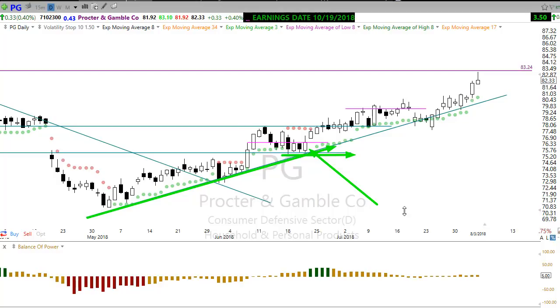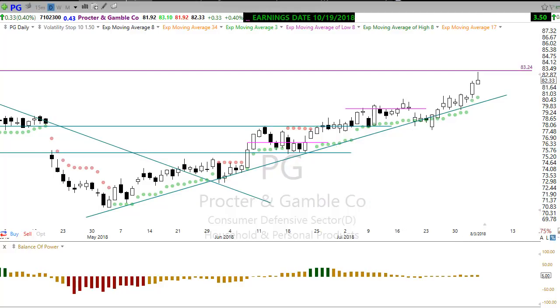Now, if you want to have a higher win-loss ratio, you really want to just hone in on getting a higher win-loss ratio, volatility stop can help you with that by being pickier about the trade. You take no trades that are below that volatility stop. You only want to take trades that are holding above that volatility stop.